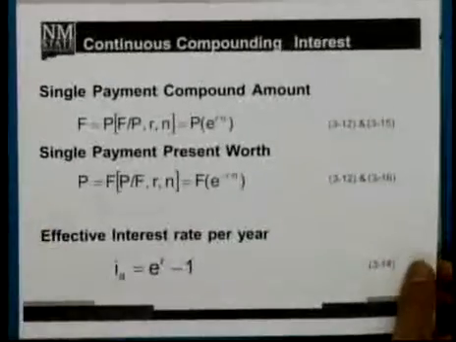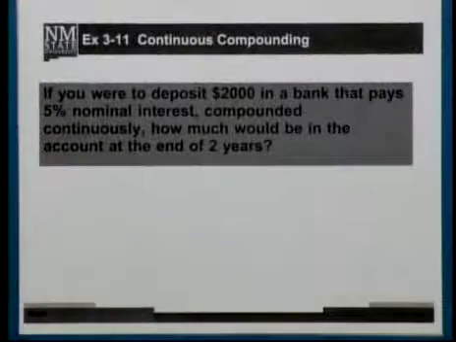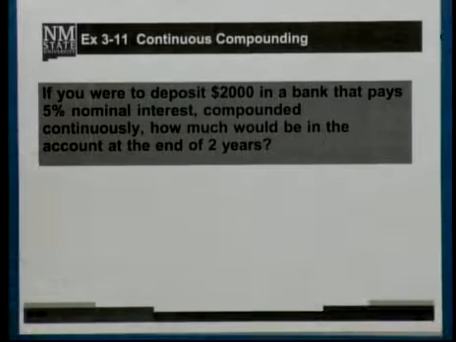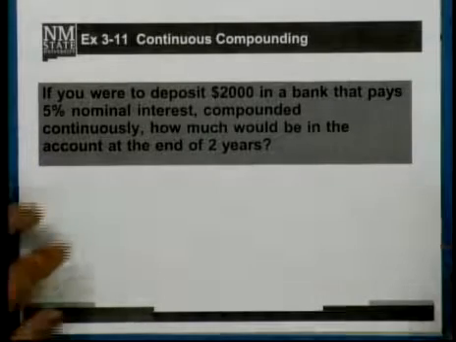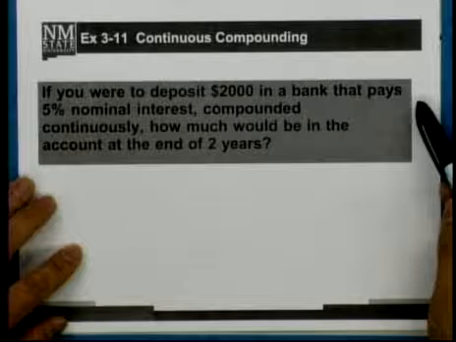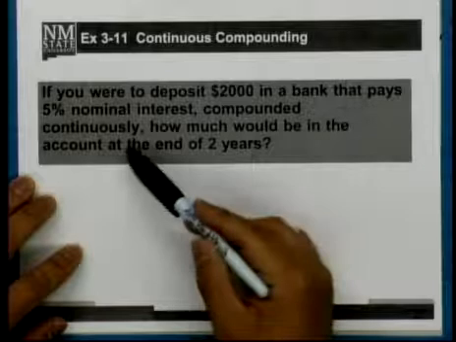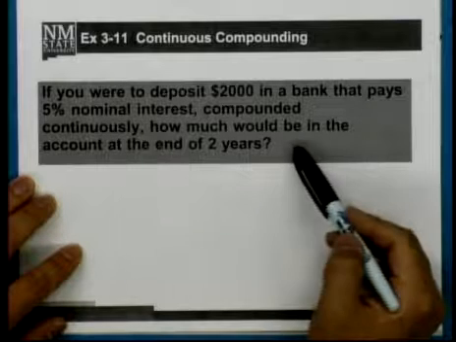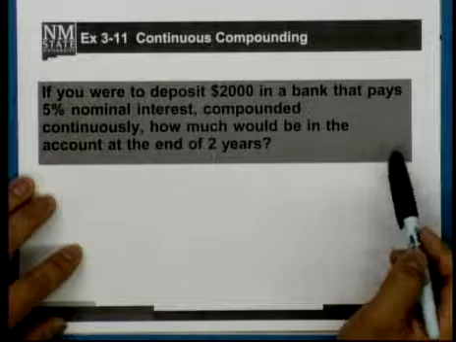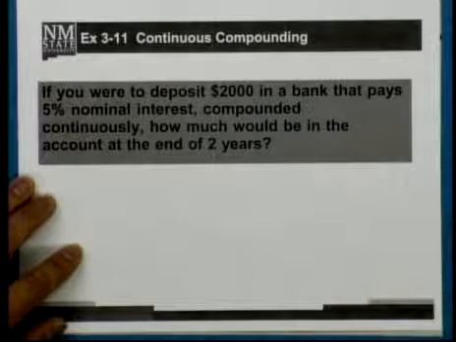Okay, so using this formula, we are going to solve example 3-11. Okay? If you were to deposit $2,000 in a bank that pays 5% nominal interest compounded continuously, how much would be in the account at the end of 2 years?